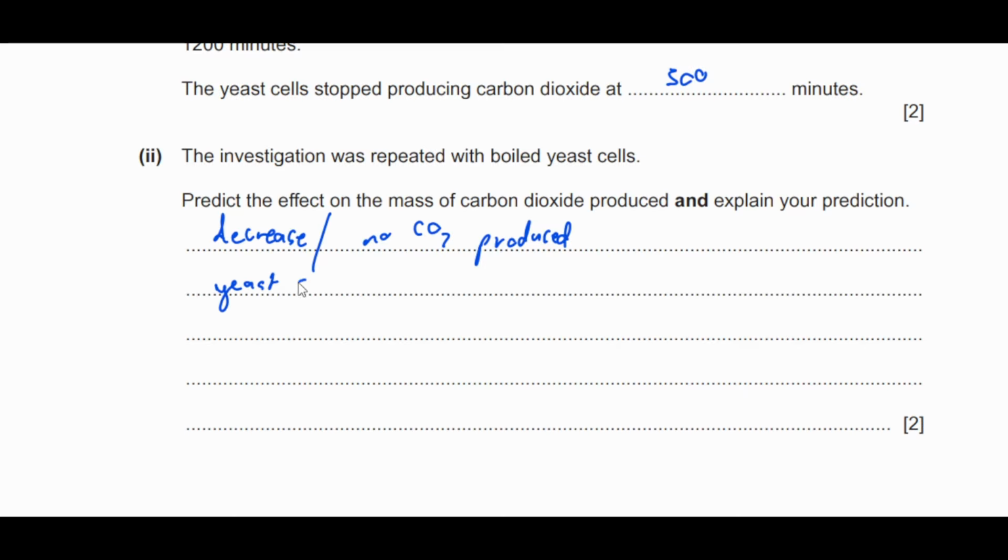Why did they die? Because the enzymes would be denatured. The high temperature will change the structure of the enzymes, then the enzymes can no longer function correctly, therefore they are denatured. Okay?